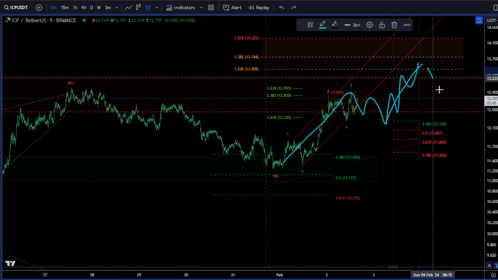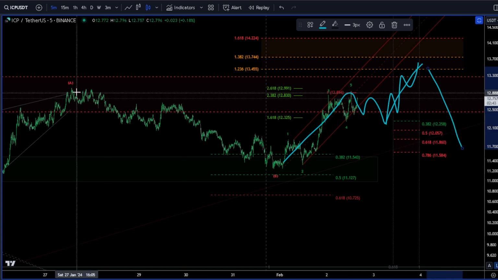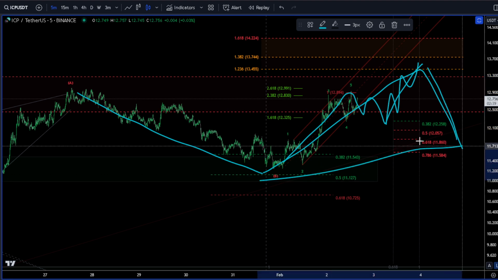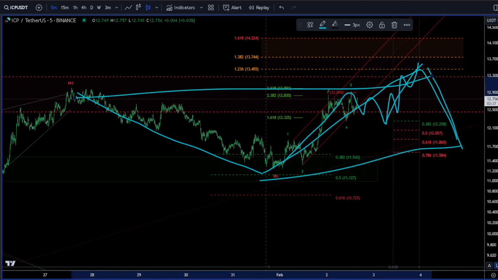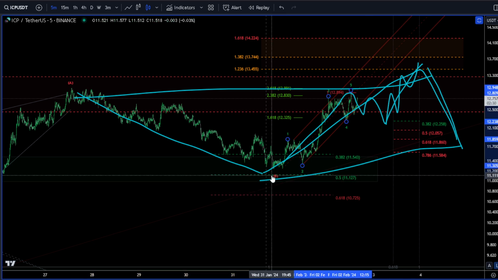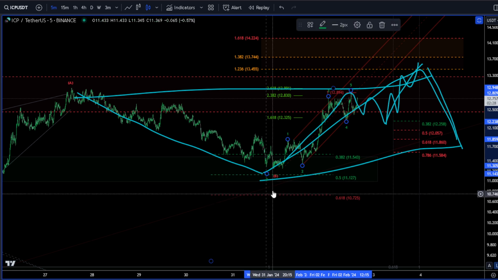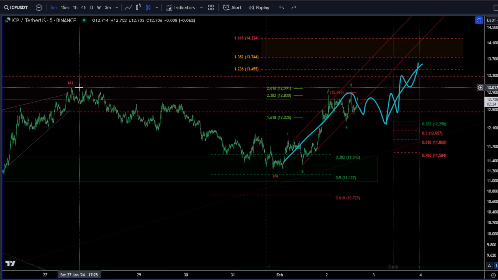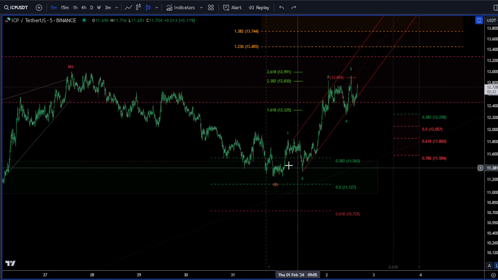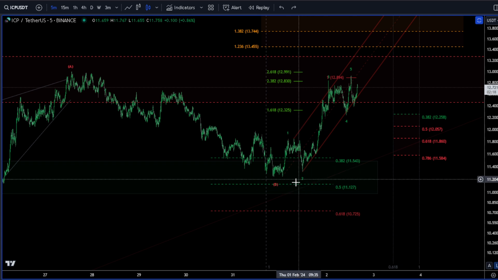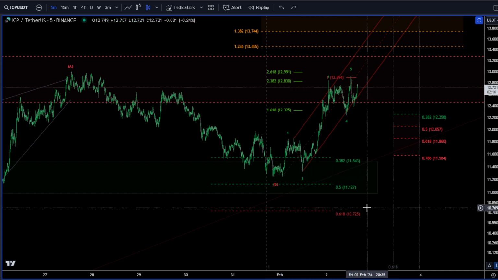And if we reject from there, what I would expect is this would be a flat, an A, B, C, like so, and my B wave would move over, and we just got a really long B wave, which can happen. But as long as we break this high for that scenario, I would expect to protect this low if it was an A wave. So no reason to change my stop from that area.